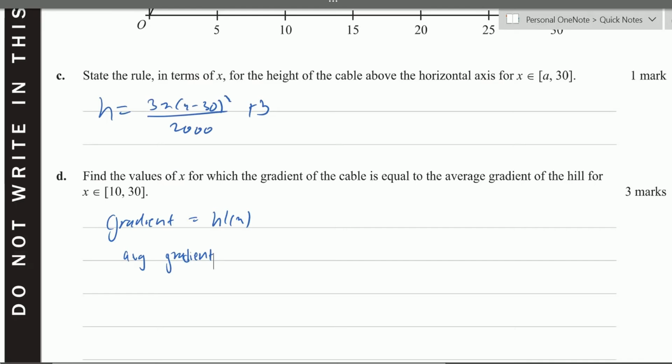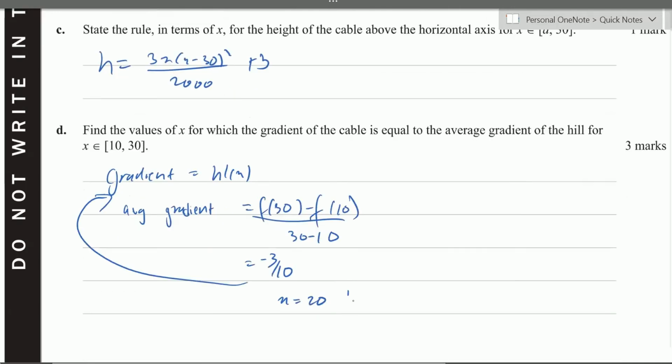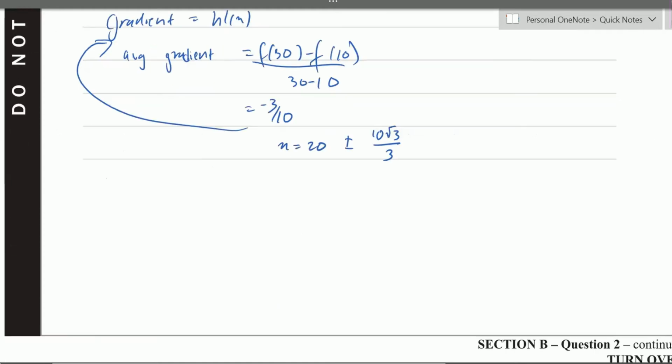So you can just equate h dash x to -3 on 10, and you should get 20 plus or minus 10 root 3 on 3. I think the answers have it as like 60, but that's the same thing because they just simplified the fraction.